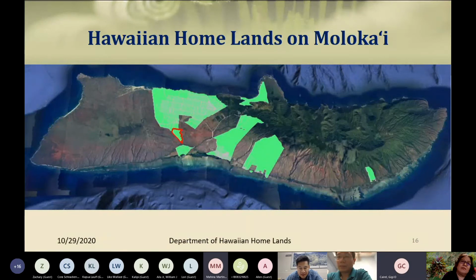So this is Gigi. I'm going to take off my chat box monitor hat and put on my planner hat. In terms of community benefits, it can be a wide range of things. Any development, the department can negotiate community benefits. That would be things like outright cash that can be distributed to the homesteads.